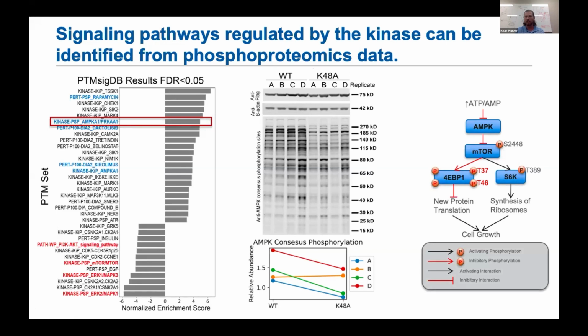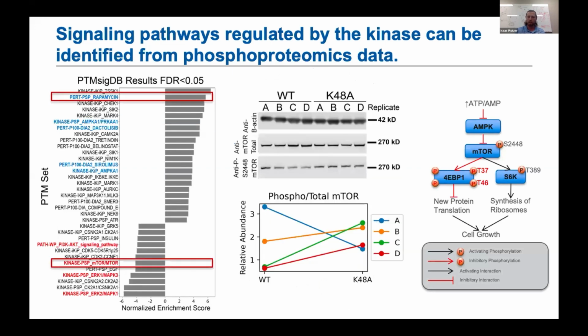And then what I can do is follow these signaling pathways down. So I can go down the list and now look at mTOR signaling. In our PTM enrichment analysis, we see a downregulation of mTOR signaling. And so here I'm plotting serine 2448 on mTOR, and it doesn't look quite as good, but we can see a slight reduction in the phosphorylated active form of mTOR.